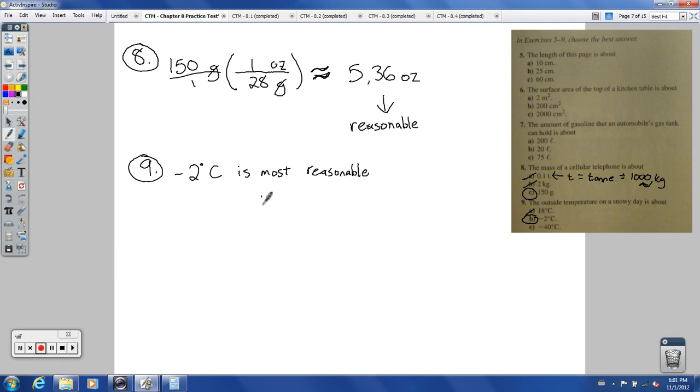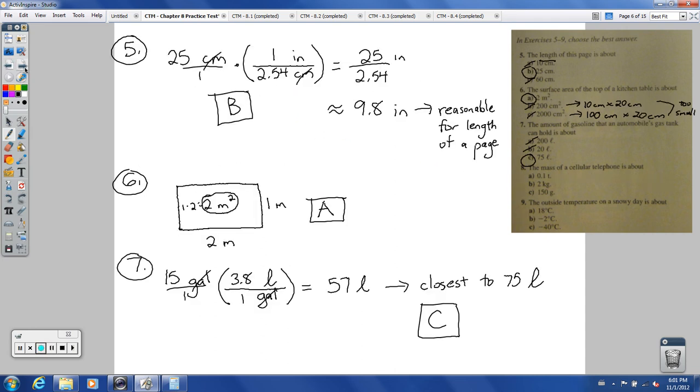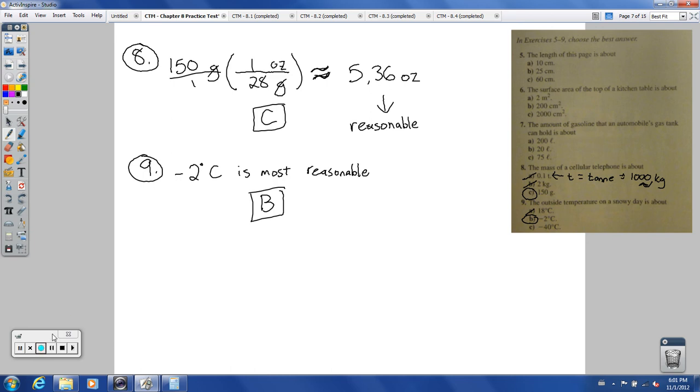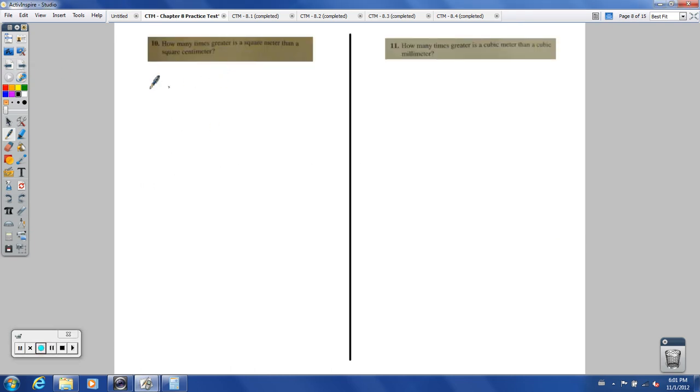And this would be choice B. Up here, this one was choice C. So that all is looking good. So we will move on to this one now.